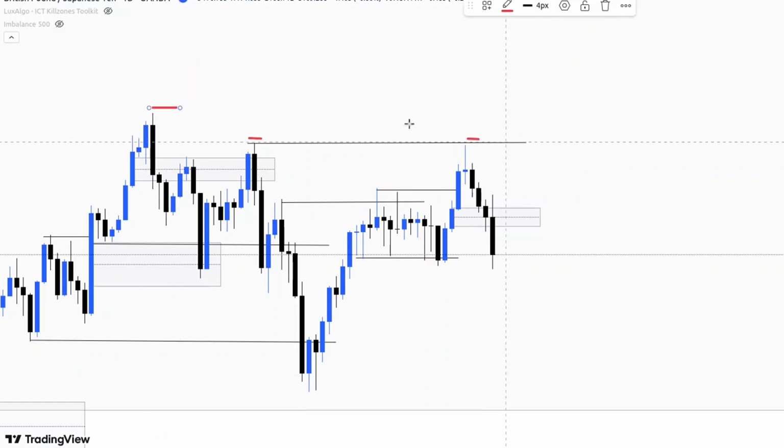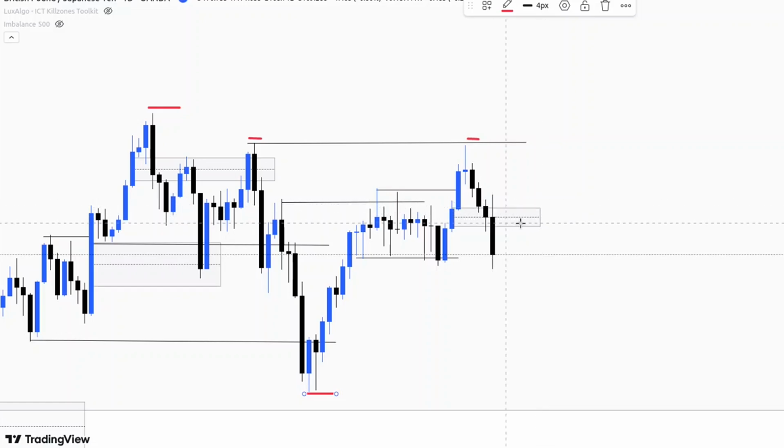So I'm not so sure if price will still go on to see this liquidity here, because this is the only liquidity residing here. So I'm expecting price to push upwards, but nevertheless, let's see if this fair value gap here will be respected or disrespected.